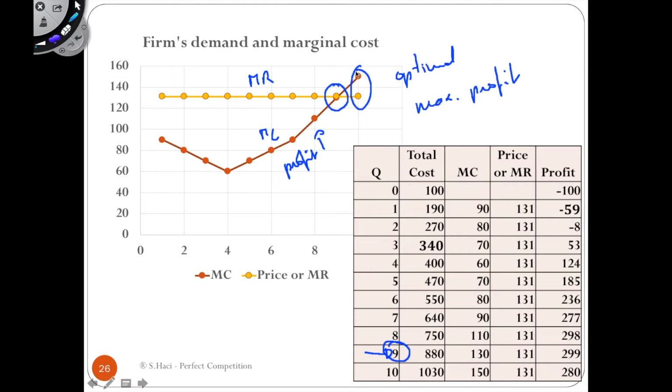But if you look over here, the marginal cost now is greater than the marginal revenue, which means you're not making any money on this unit. You're even losing money on this unit. So no need to produce it, no need to sell it. This is the maximum output that you need to produce.